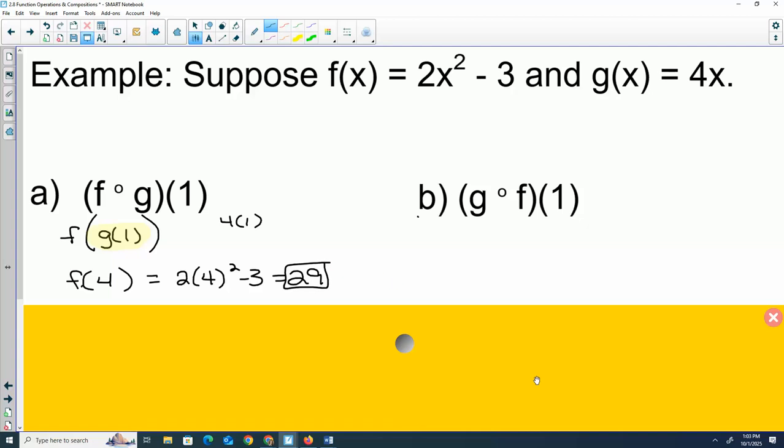Does order matter with compositions? Yes. Let's double check in case we forgot. This one says you're doing g of f of 1. So what do you do first? The inside. So I'm going to start by putting a 1 into function f.